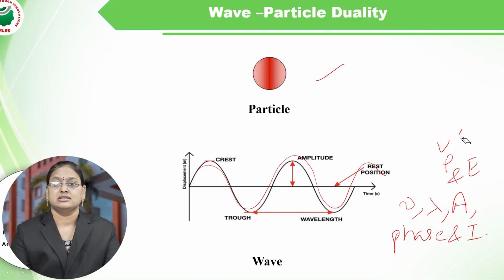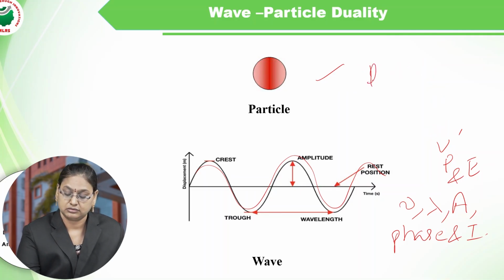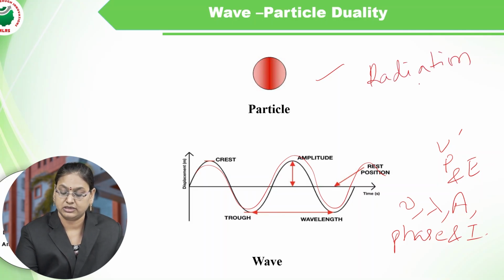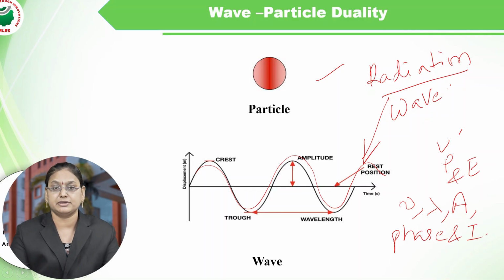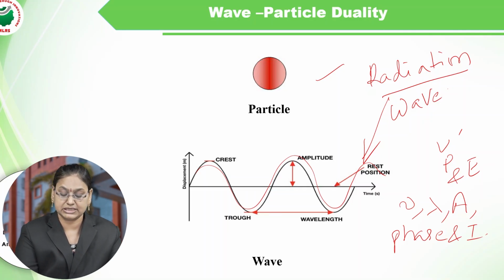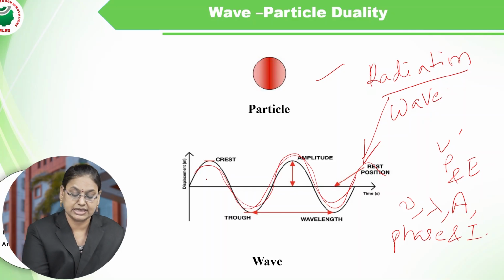Radiation has wave particle duality. Radiation behaves as wave in some experiments like interference and diffraction. Why? Because these experiments require the presence of two waves at the same position and at the same time.